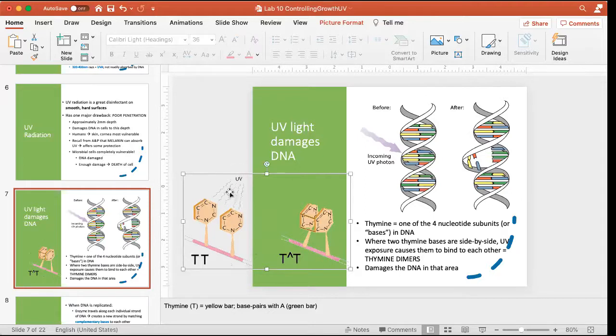When the ultraviolet rays come in and hit that DNA molecule, anywhere where there are 2 thymines side by side, you're going to get this. They're going to bind not to the adenines in the opposite strand, but to each other. That's what we call a dimer, and that is specifically a thymine dimer.